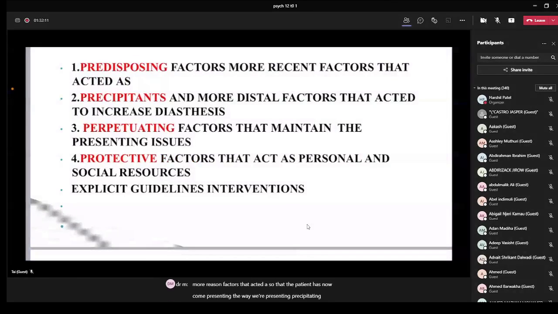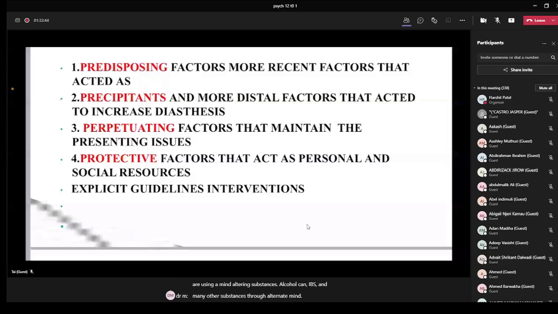Precipitating factors, they may not be very immediate, but again, what has precipitated this occurrence? What has perpetuated this occurrence? Now, this may be probably they have not been very compliant to their medication, or probably they are using mind-altering substances, alcohol, cannabis, and many other substances that will alter their mind.